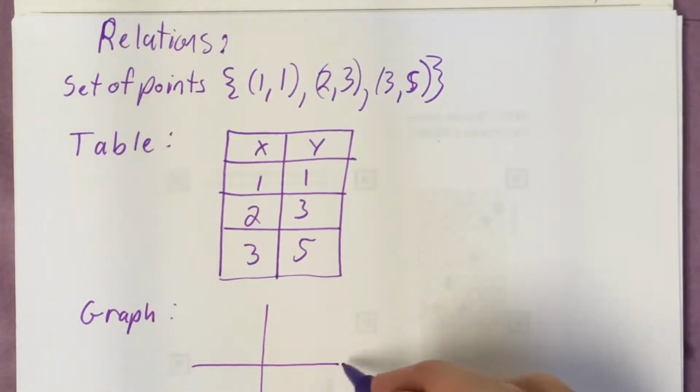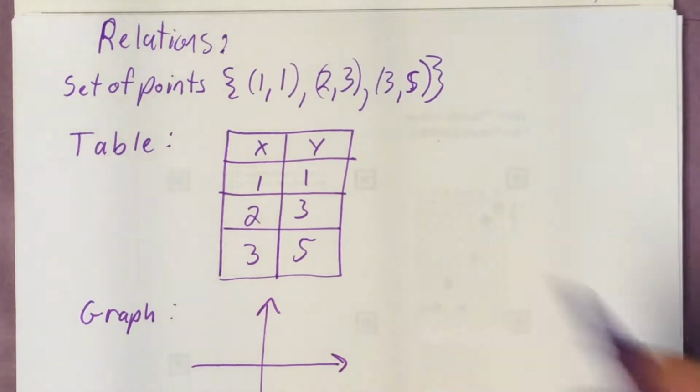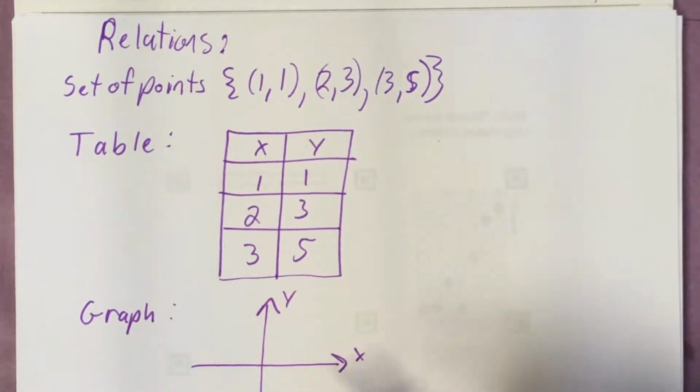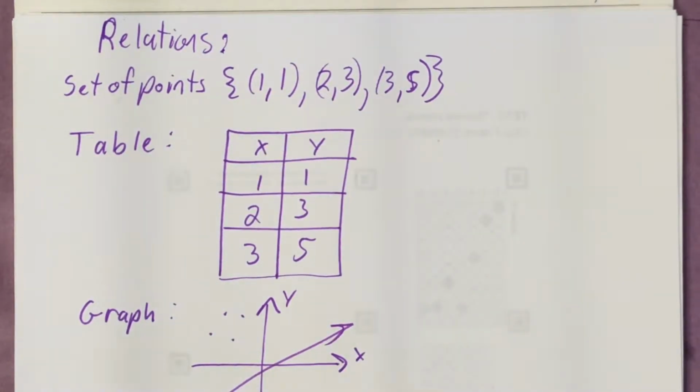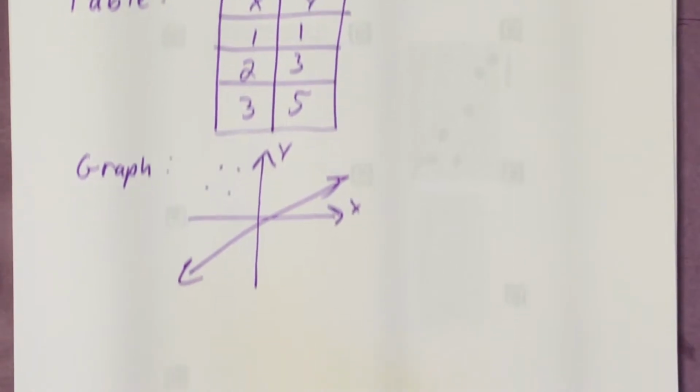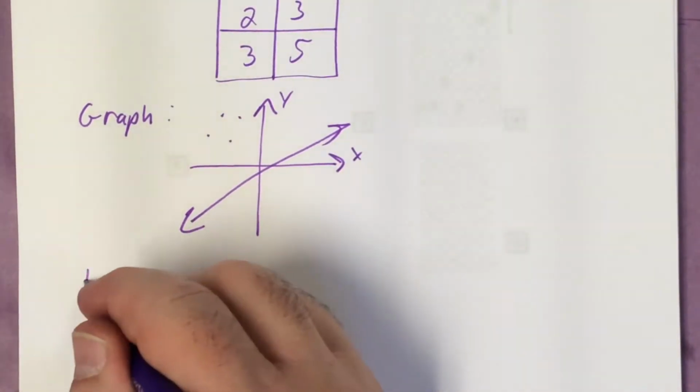where if you have your x and your y axis here, they could be in the form of points, they could be in the form of a line. So they can look like that. They can also come in the form of an equation.